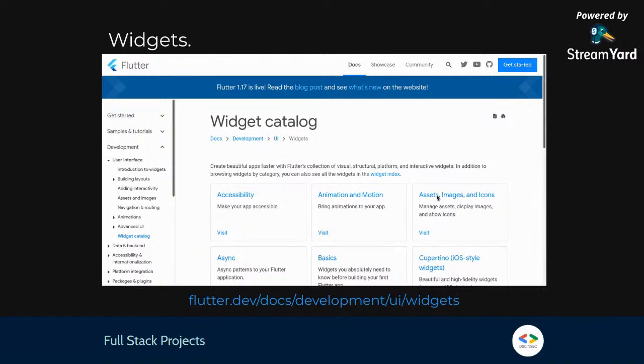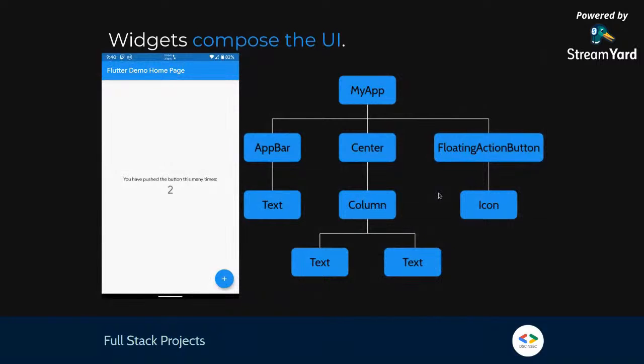Now, what is a widget actually? I can say that widgets compose the UI. Widgets are the building blocks of the layout that you see. Over here we have the familiar counter app. We can see it has an app bar. It has some text over here in the center. It has a floating action button, right?